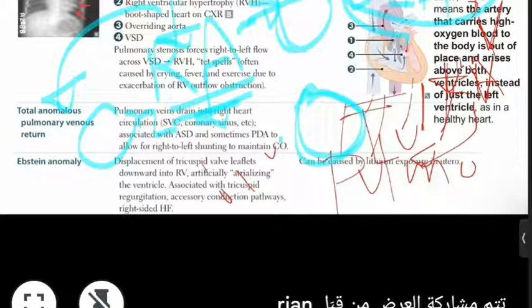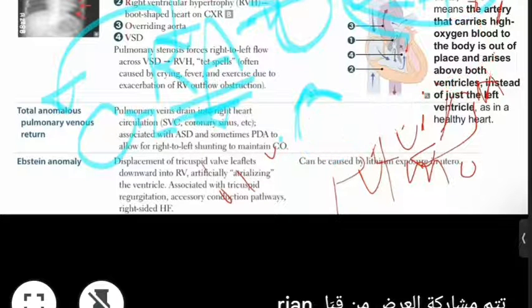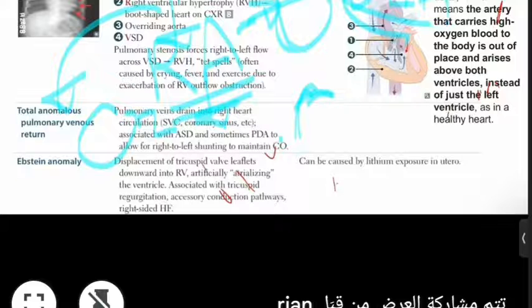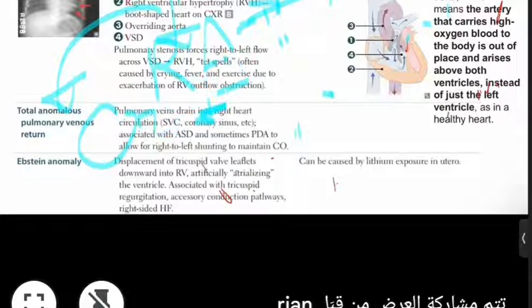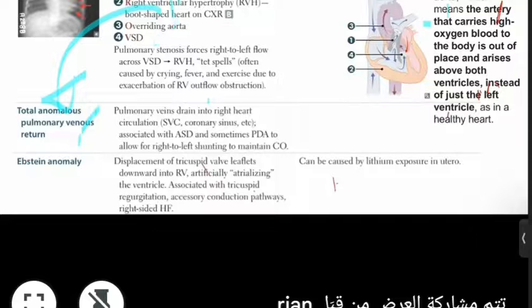So in order for this baby, who has pulmonary veins coming to the right side of the heart, to live, he needs a defect either between the atria, like the atrial septal defect, or between the ventricles, like in the case of ventricular septal defect. It's a must, in order for this baby to live.